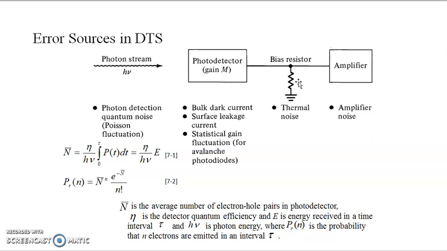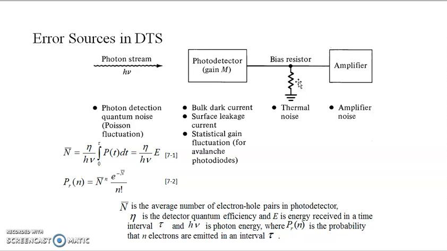So we can consider those noises. If you consider thermal noise, we can minimize it by using the avalanche photodiode, because if we use a PN diode, the thermal noise will be more because the signal to noise ratio dominates in this case.